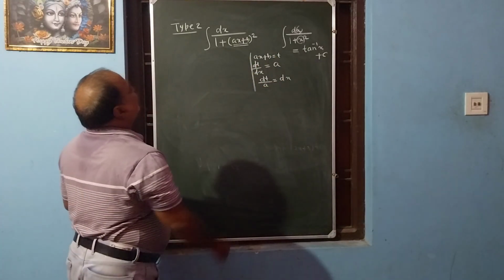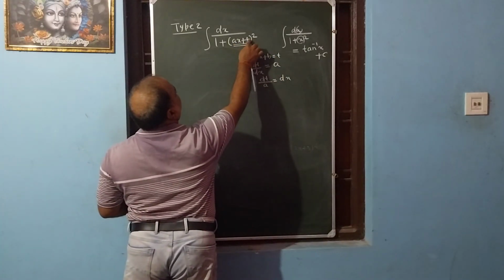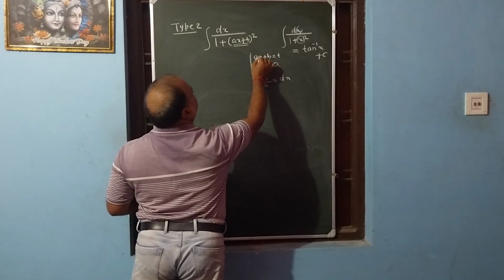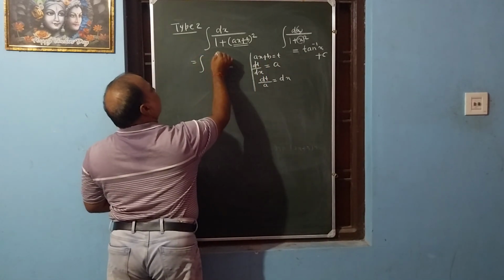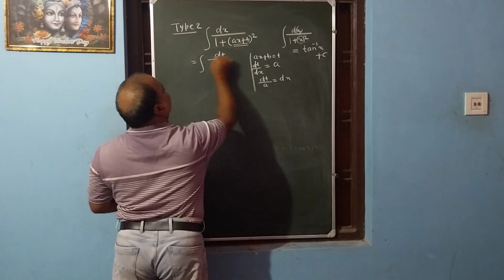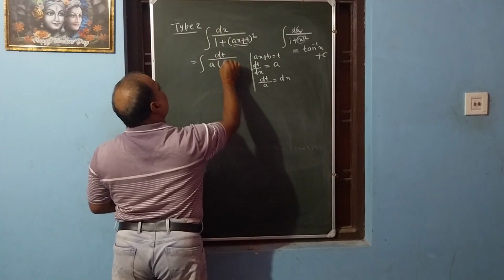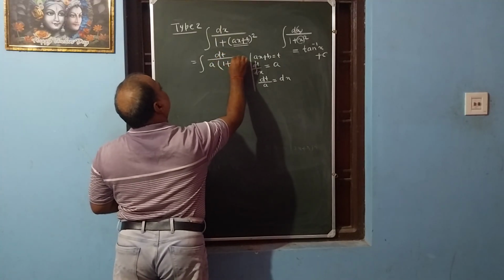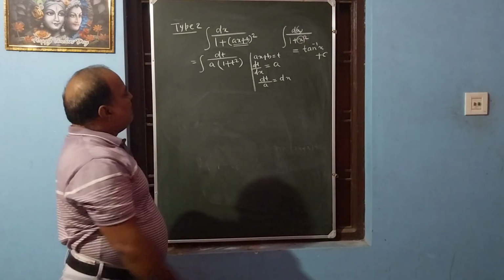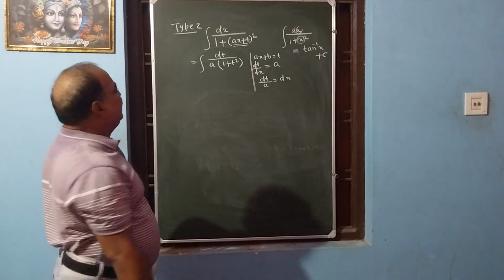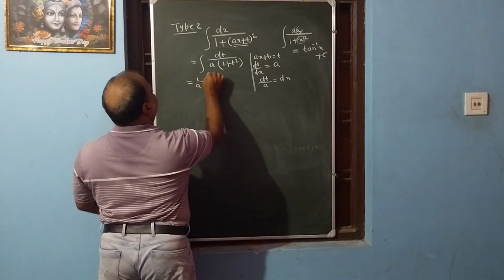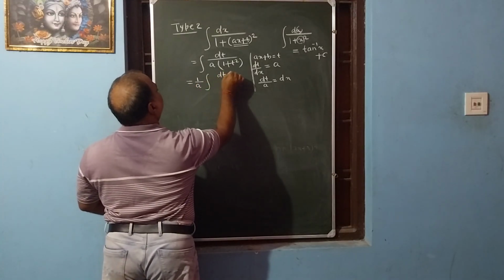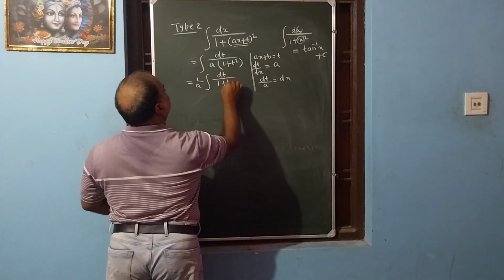So it will be changed now. In place of ax plus b, we have to put t. Then it becomes dt by a whole into 1 plus t square. So 1 by a is a constant that will come outside of the integration. So we get 1 by a integral of dt upon 1 plus t square.